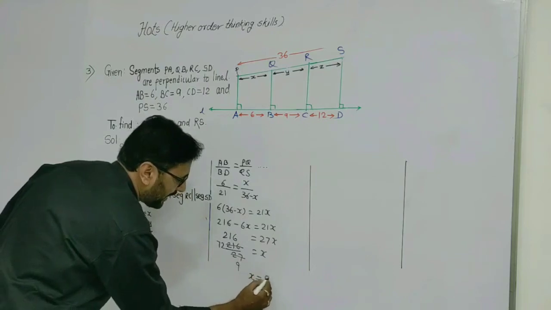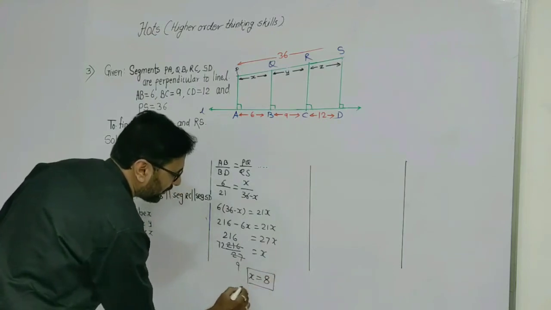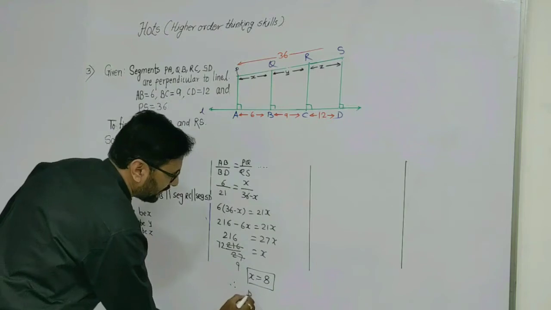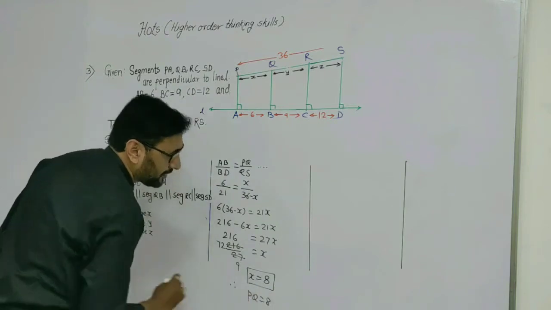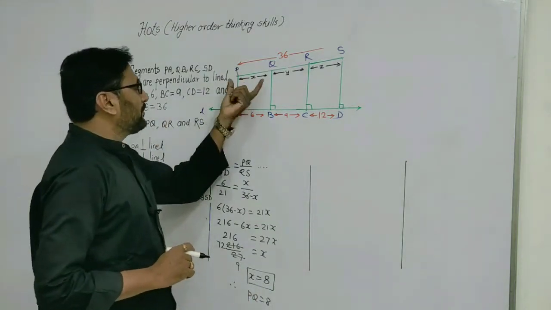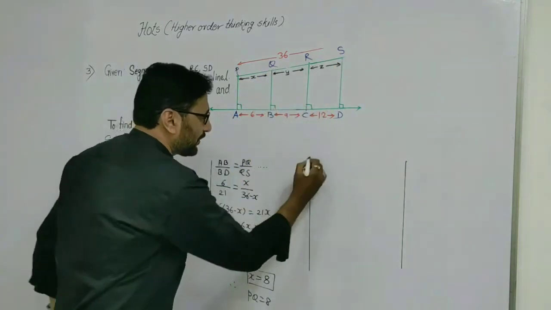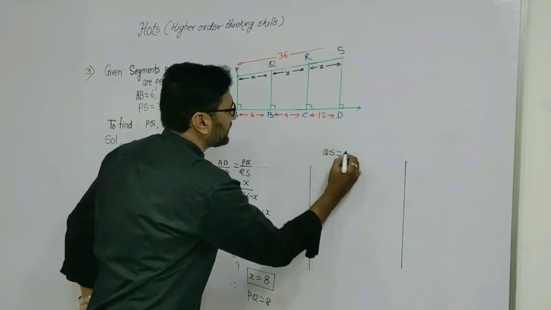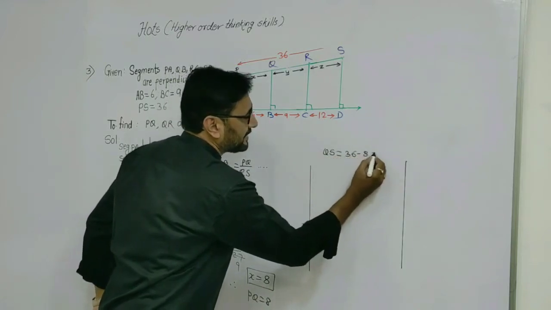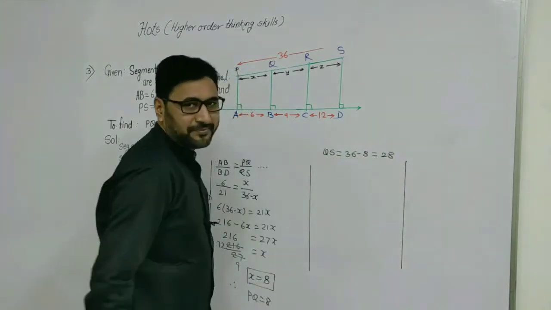So X is equal to 8. So you got PQ is equal to 8. If PQ is 8, what about QS? Therefore QS is equal to 36 minus 8, that is equal to 28.